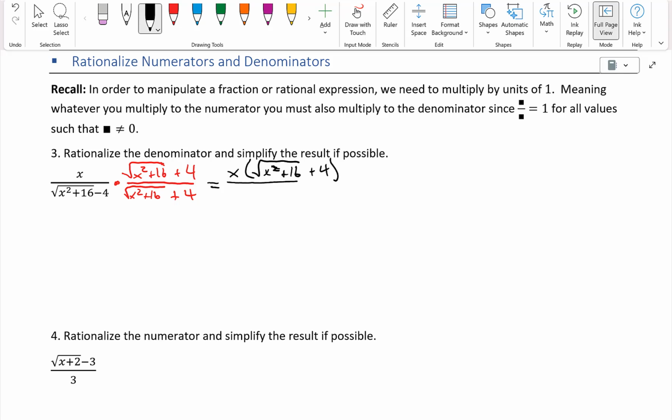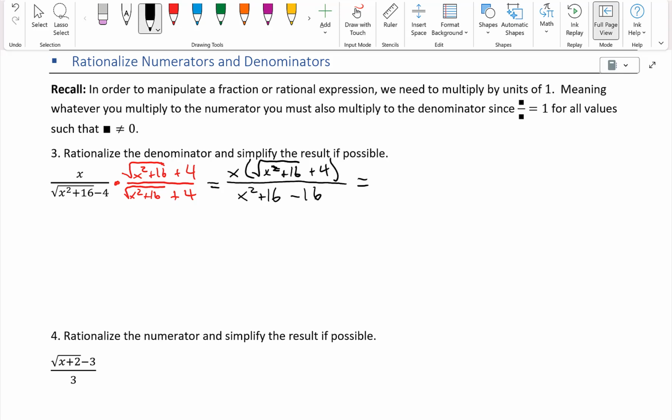Right, so it's x times that whole quantity over, we get, if we skip that step where we write it with the square over it, an x squared plus 16, right? That whole goal, again, by multiplying by the conjugate, was to break that radical, or the radicand, out of that radical. And then the minus 4 times plus 4 gives us a minus 16.